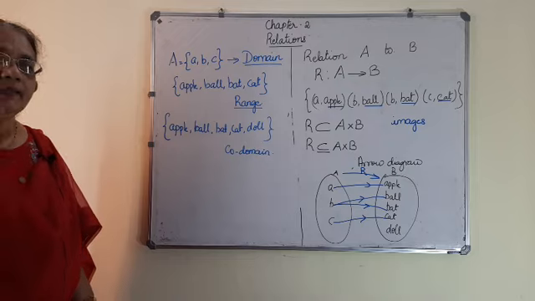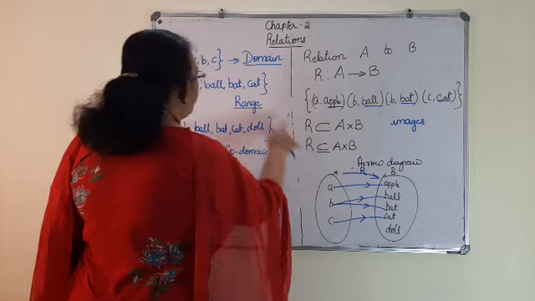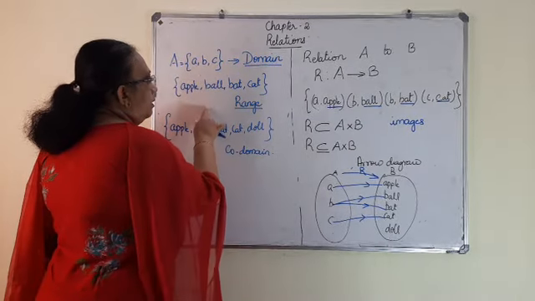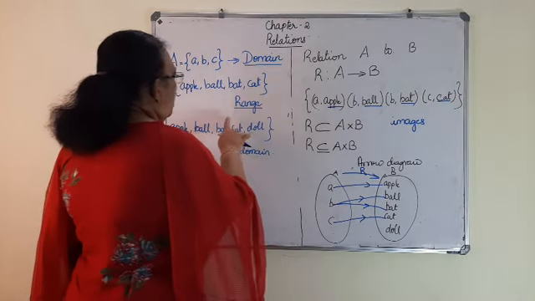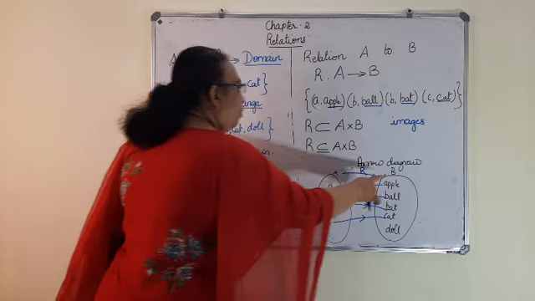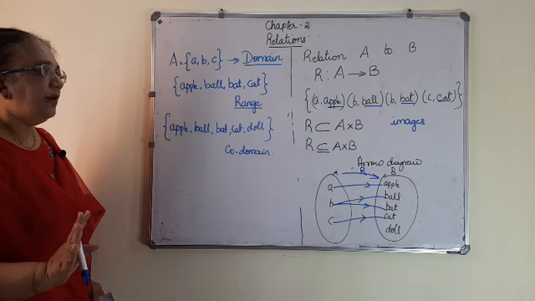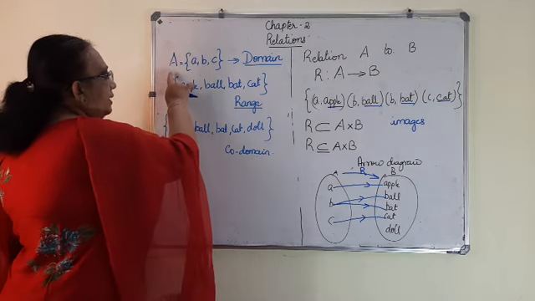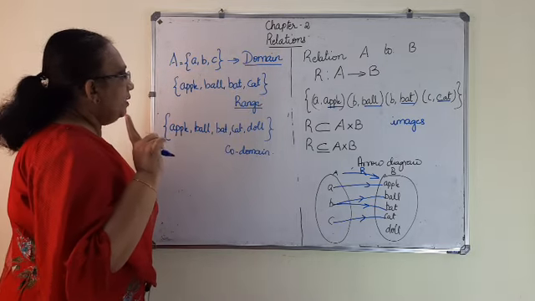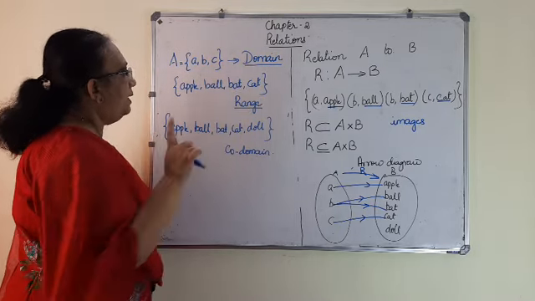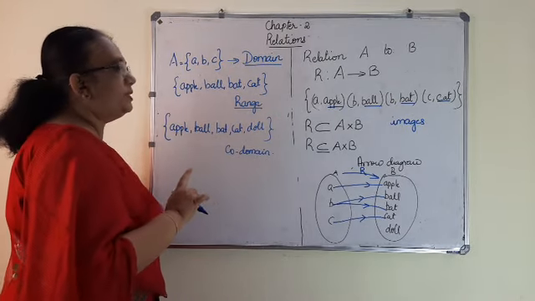So in a relation, there are three terms. In a relation, the set of all first elements is called the domain, the set of all second elements is called the range set, and the whole set of the second elements is called the codomain.